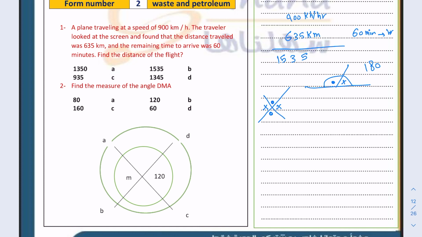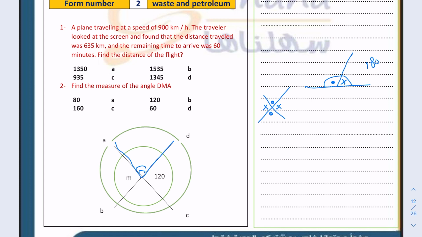Let's take the next question. Question number 2 is talking about finding the angle DMA. How can we find angle DMA? We can find it using two rules. The first one: if I have an adjacent pair, their sum will be 180, the two angles beside each other.